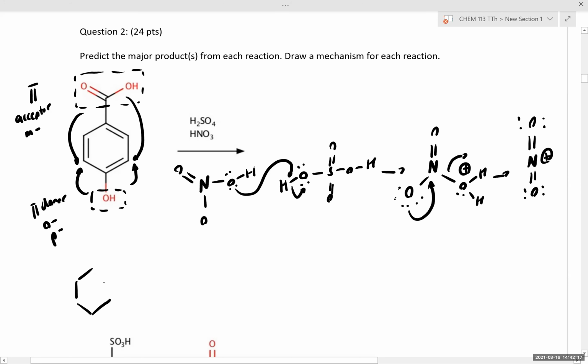Now we can get the aromatic ring involved in this mechanism. Now that we have our active electrophile, our aromatic ring is going to attack our electrophilic nitronium ion.